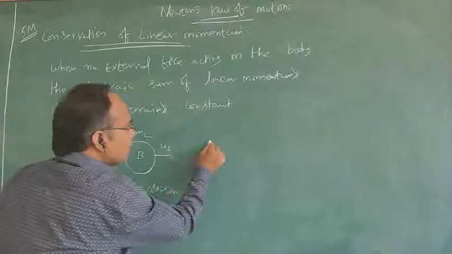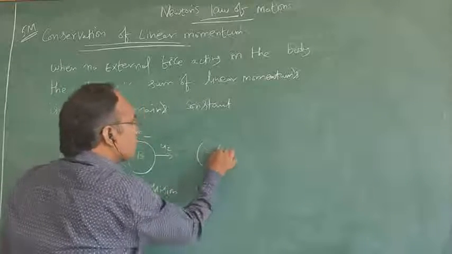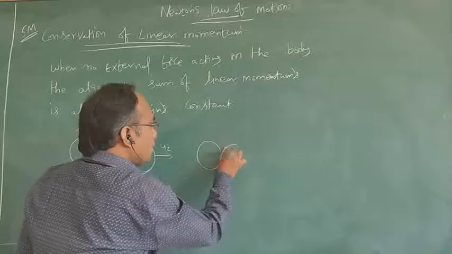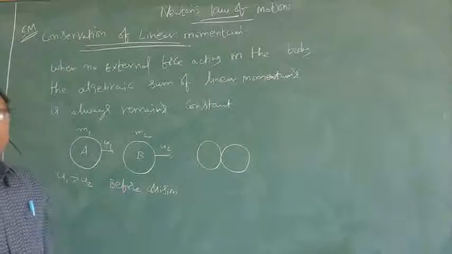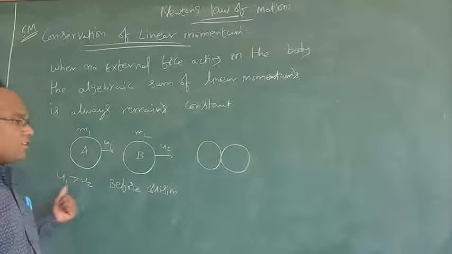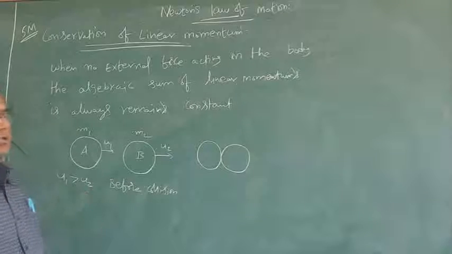Now when they are moving, at some point the two bodies will collide. Why? Because initial velocity u1 is greater than u2.